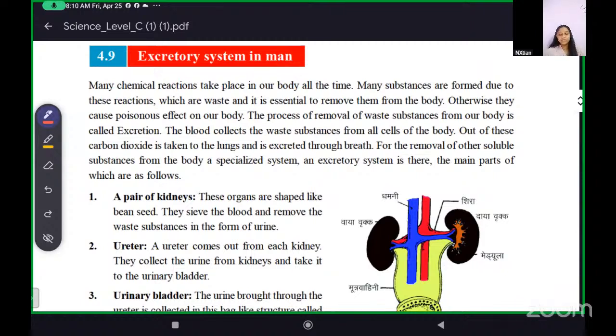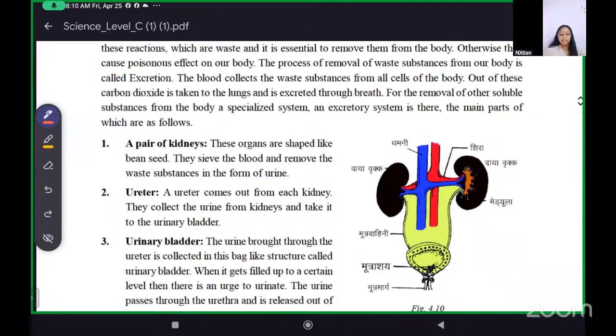The main function of the excretory system is that it helps in the removal of that waste. It is made up of components like kidneys, ureters, and urinary bladder.